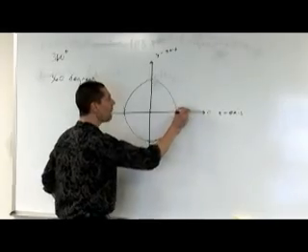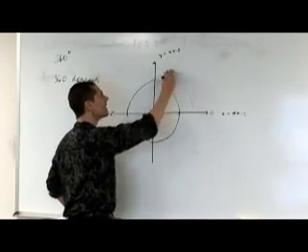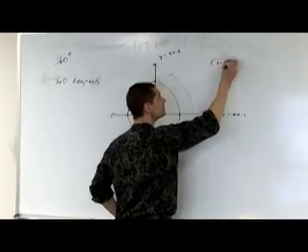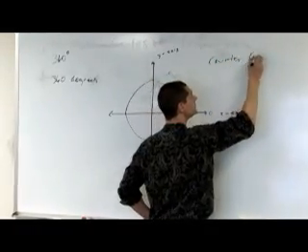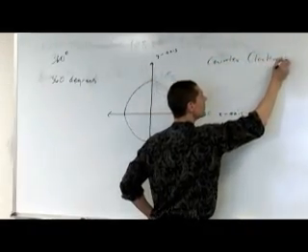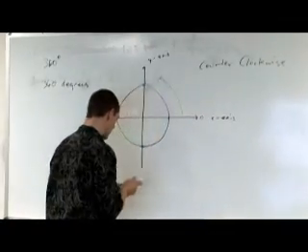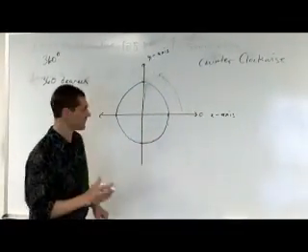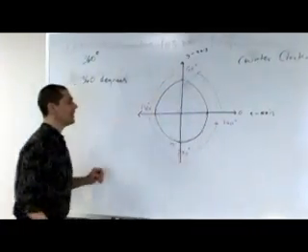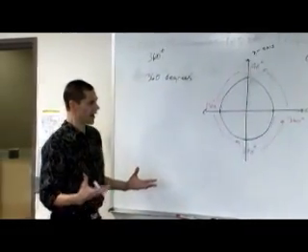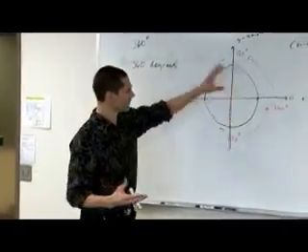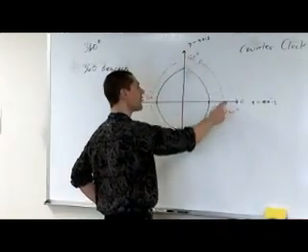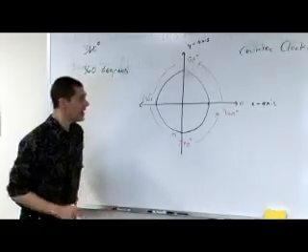If you're counting around like this, going counterclockwise, we're going to count positive measure. So this is the first thing to be aware of. There are 360 degrees in a circle, and going from here around is how you count them out positively.